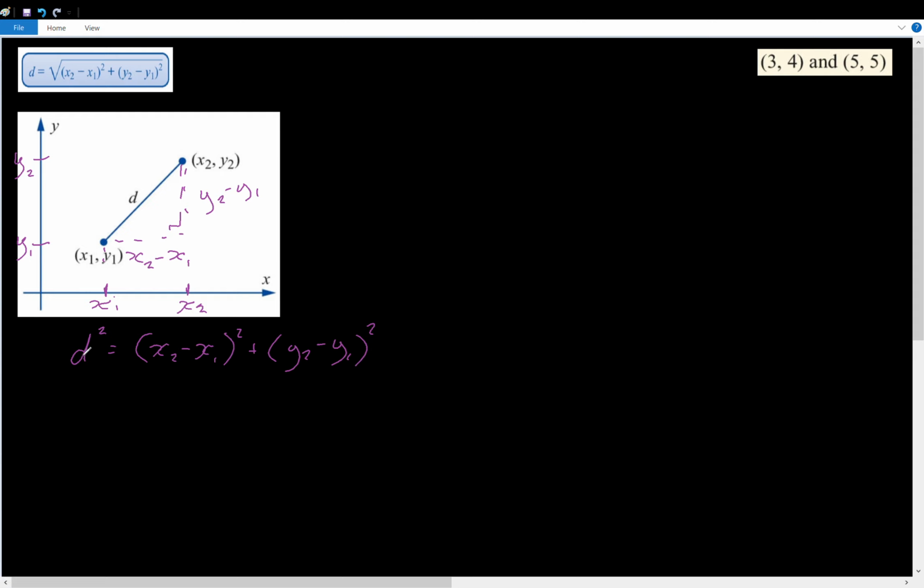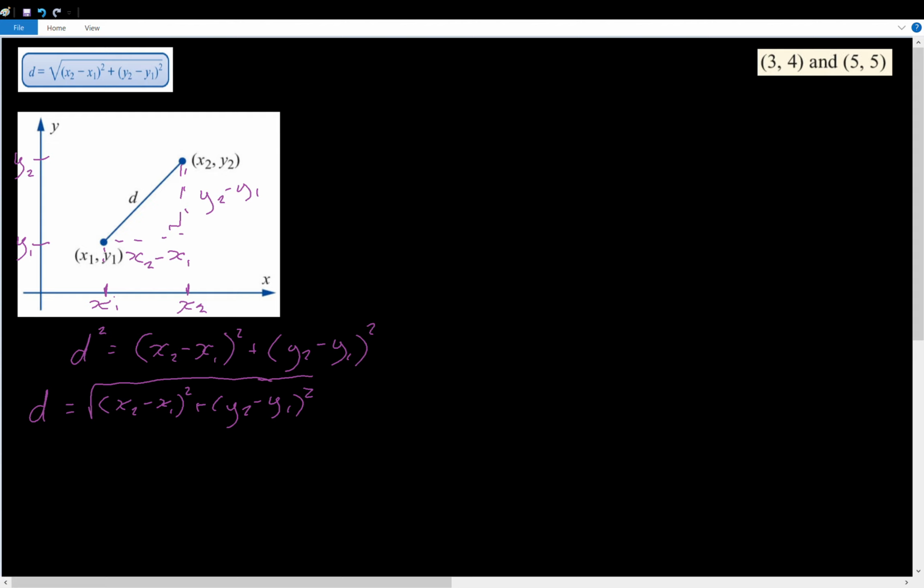But we don't want the distance squared, we want the distance on its own. So distance is going to be equal to the square root of (x2 minus x1) all squared plus (y2 minus y1) all squared.